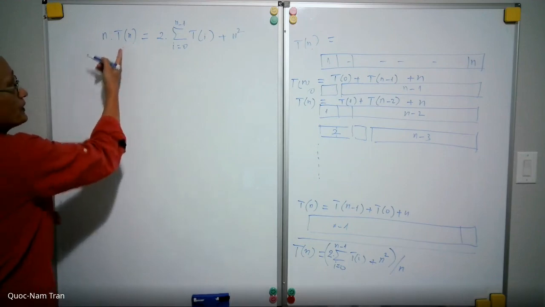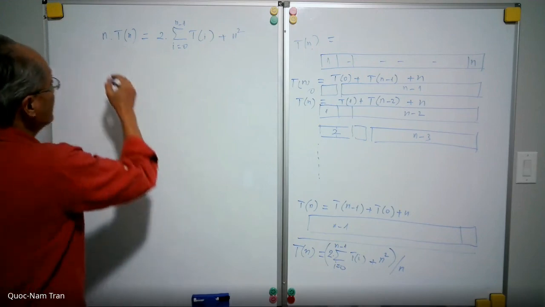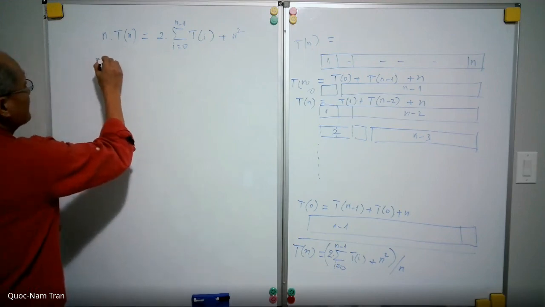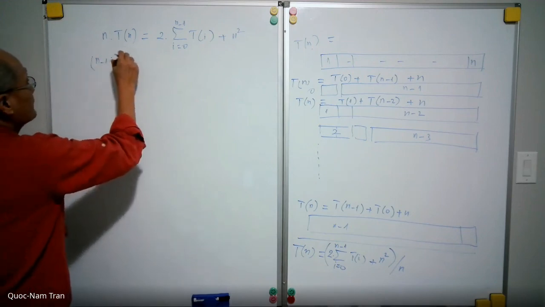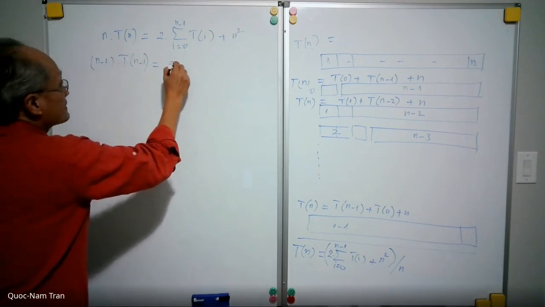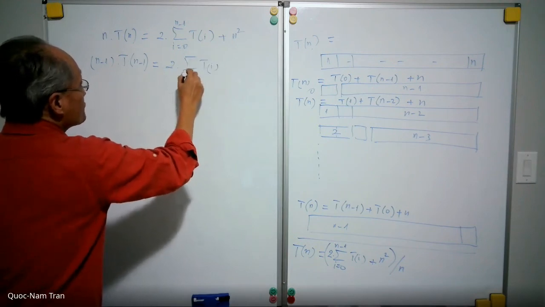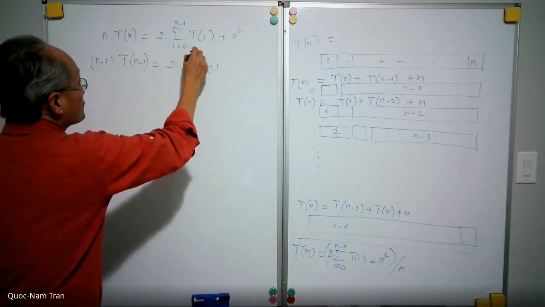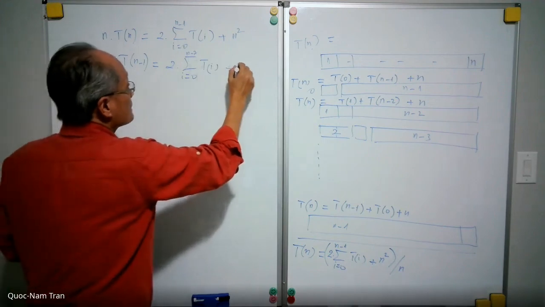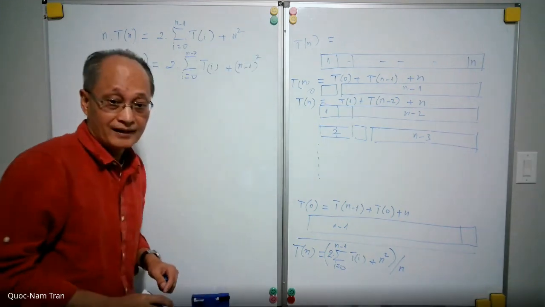The same formula with n replaced by n minus 1: n minus 1 times Tn minus 1 on the left, and on the right-hand side the sum of Ti for i from 0 to n minus 2, plus n minus 1 squared.